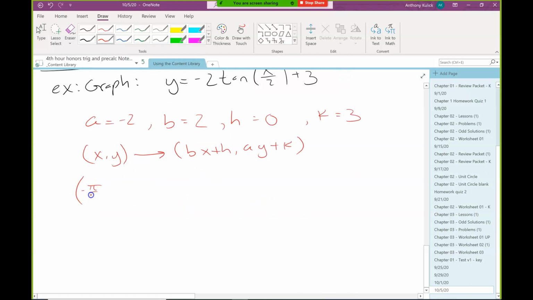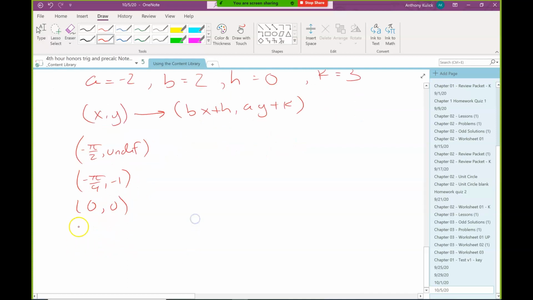And then we'll write down our key points and perform that transformation.